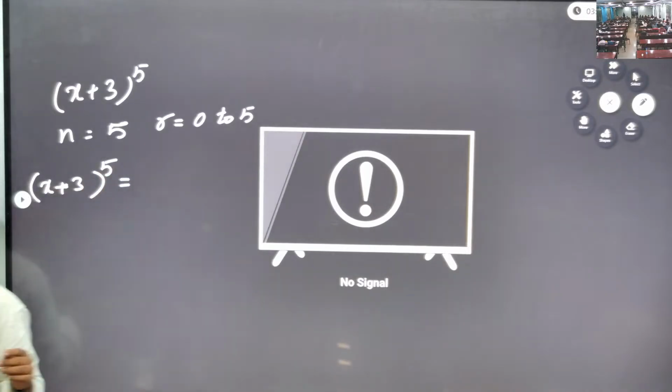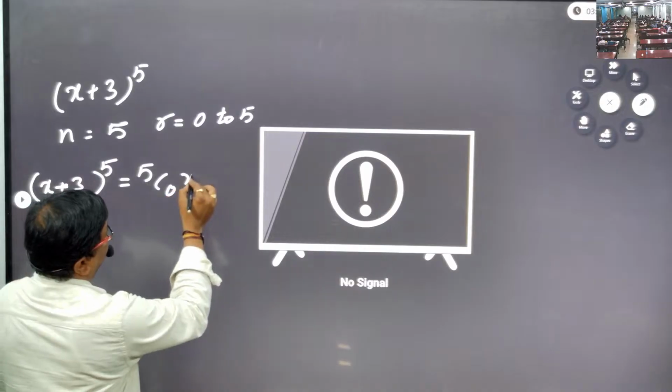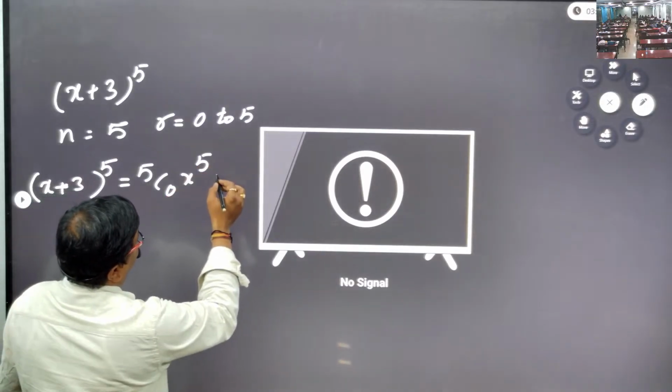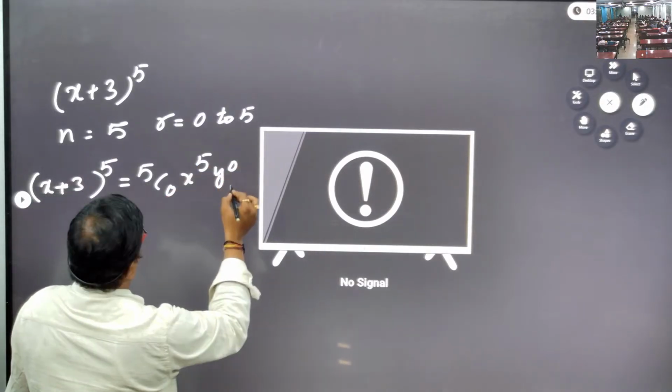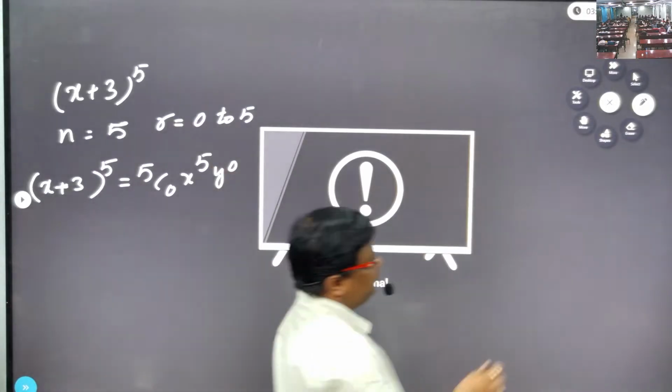So what is the first value that you will be getting? 5c naught. What is the value? 5c naught x power 5 y power, sorry, y in the sense 3 power 0.